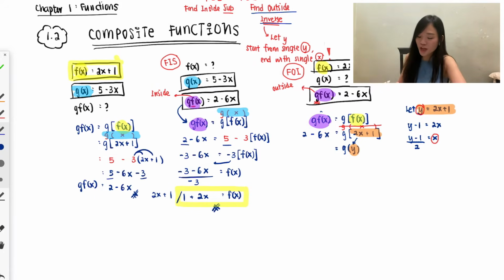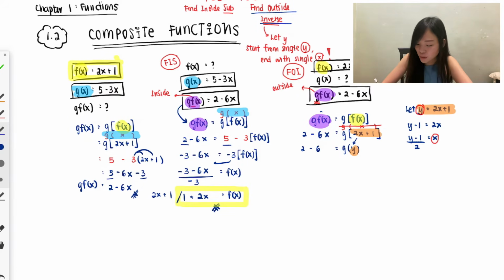Let me show you. Now my 2x plus 1 becomes y. Then I'm going to continue here, correct? So many students, on the left side, will just copy back 2 minus 6x. Do you think it's possible to just copy back the same thing? No. Why not? Because based on common sense, if the right side you change, the left side supposedly you should change as well. Then what should I change my left hand side to?